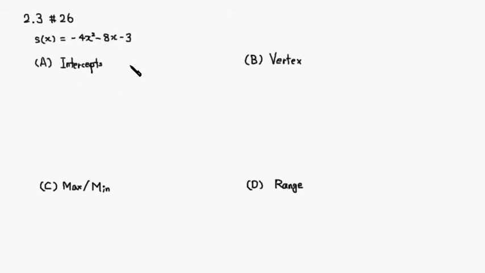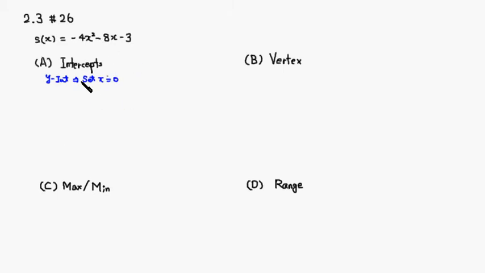We want to find intercepts. The easiest one to find would be the y-intercept. Remember that in order to find a y-intercept, what you need to do is set x equal to 0.